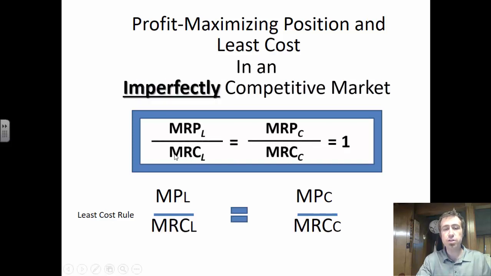Now we're dealing with the marginal resource cost of labor or of capital, because no longer is the price of your labor the same as your marginal resource cost. It's only the same in your perfectly competitive market. So it's a very similar formula. You may or may not see it this year because of the FRQ format. Either way, this is on the formula sheet for microeconomics.